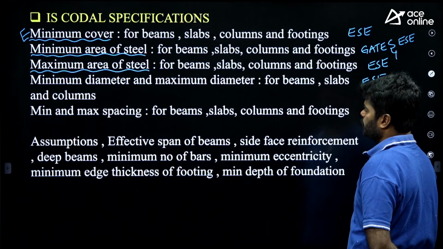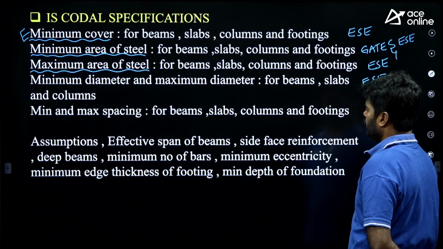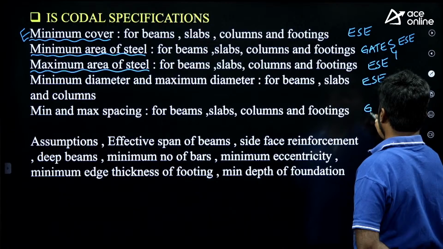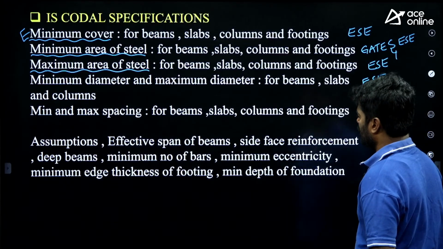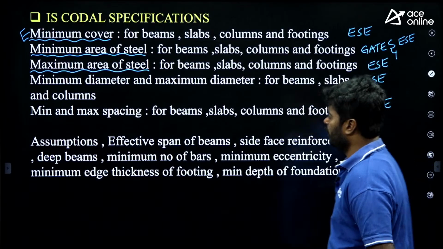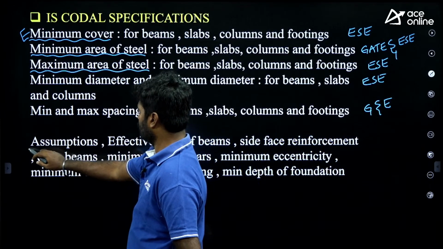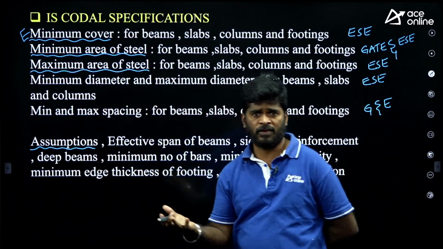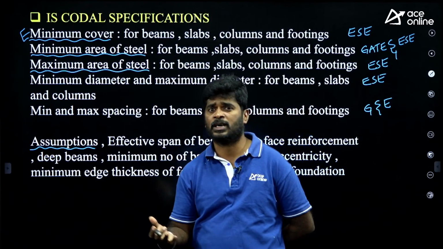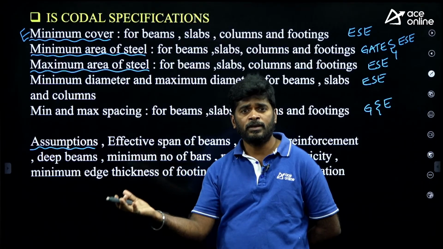Minimum and maximum spacing, yes, there is a chance in GATE as well as in ESE. Then assumptions, very, very important. We have seen assumptions in flexure, assumptions in compression, and even assumptions in working stress method.